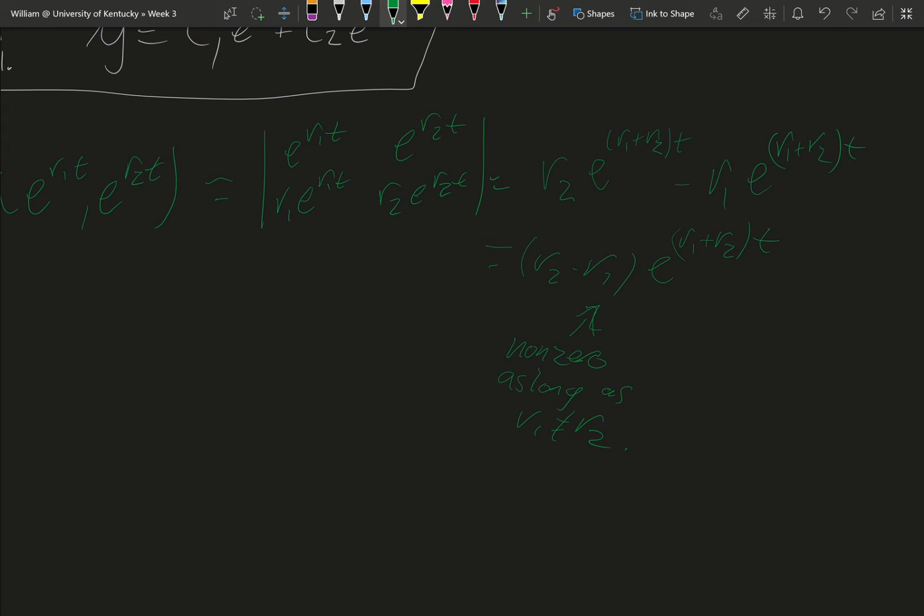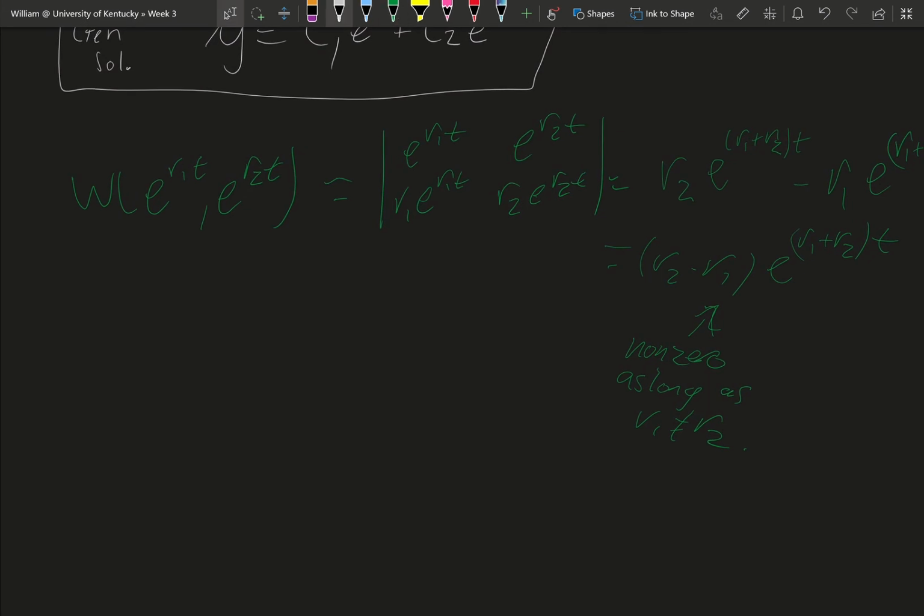So this is why we're not going to require the check in general for at least equations of this form. We can get a little bit comfortable with them. As long as the coefficients of the t here are different, we know we're going to get something non-zero. And so let's just not even do the check.